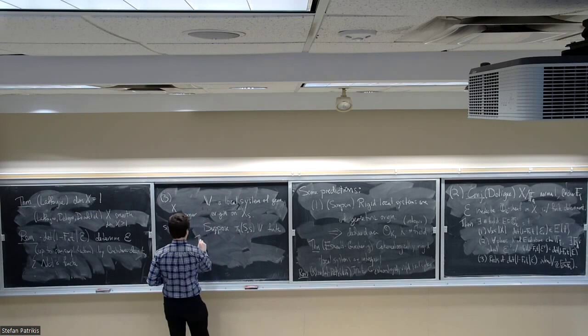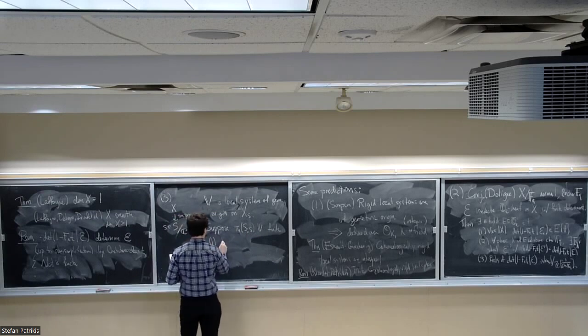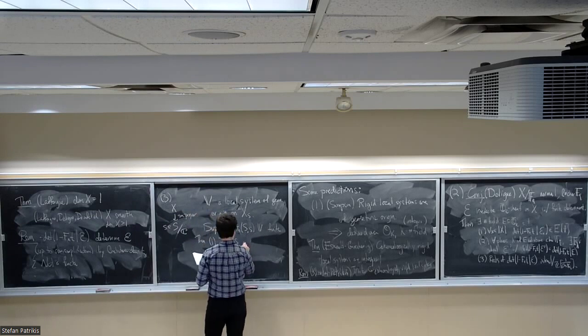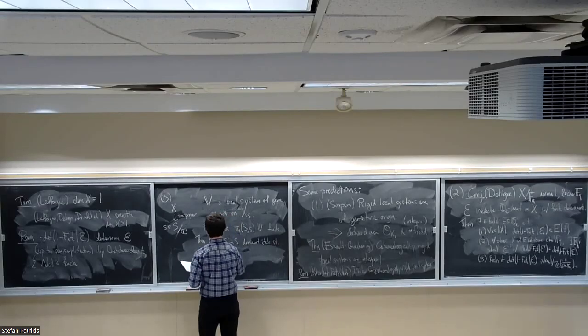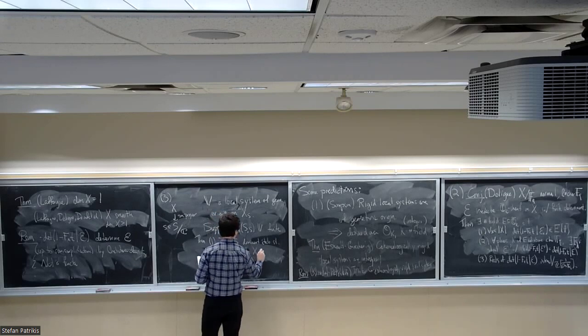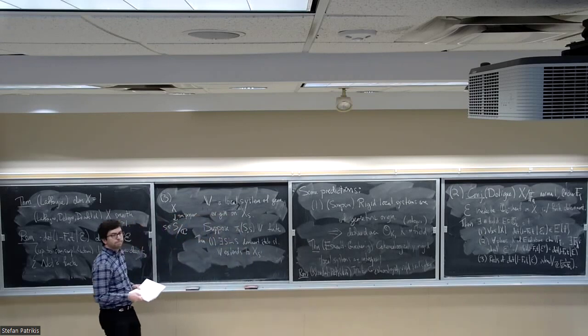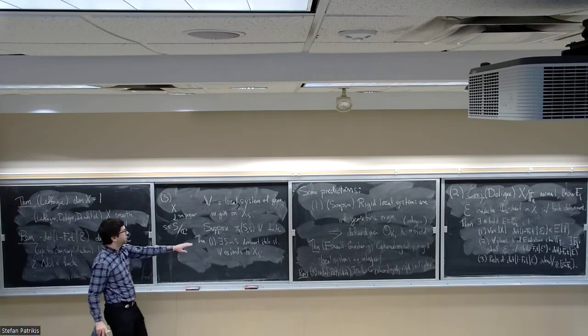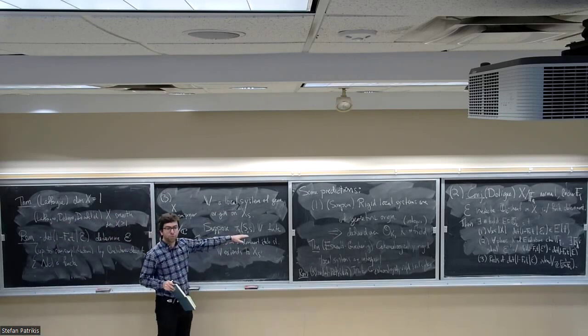Then two things happen. First of all, the first one is pretty much automatic: there exists some S' to S, let's say dominant étale, such that V extends to X_{S'}. This is just another way of saying that the local system has finite orbit.